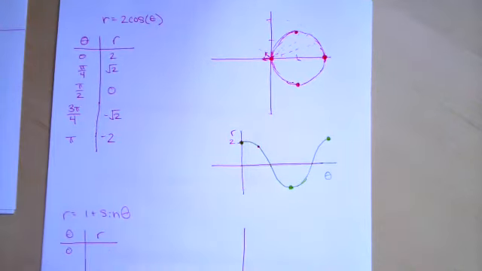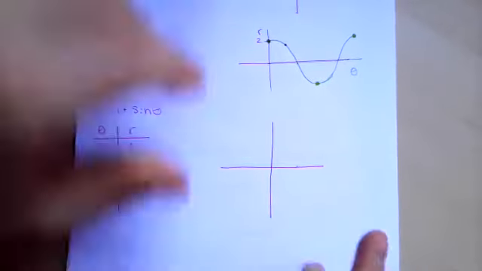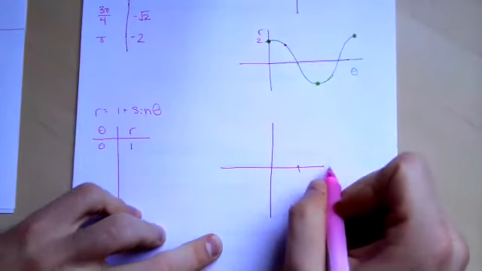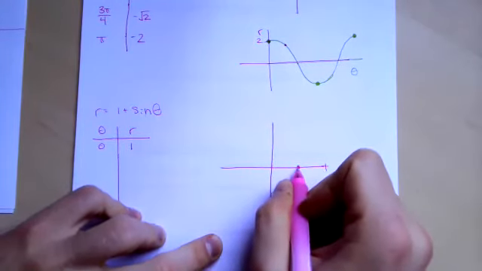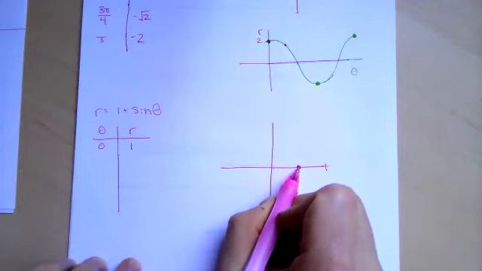So again, let's start theta at 0, so we're pointing along the x-axis. What's my radius in this case? Sine of 0 is 0, so we're just going to get 1. So I'm at angle 0, radius is 1.